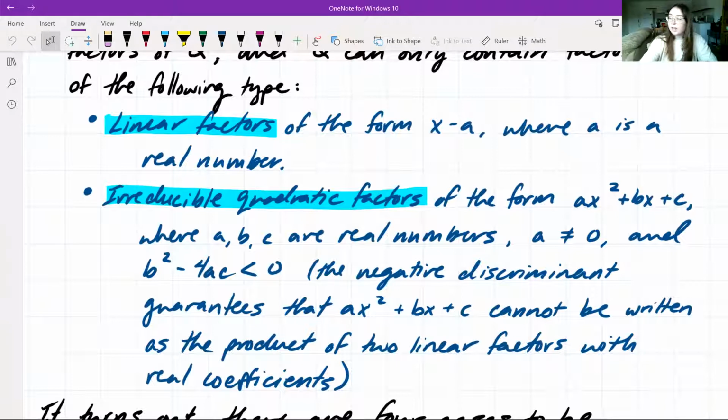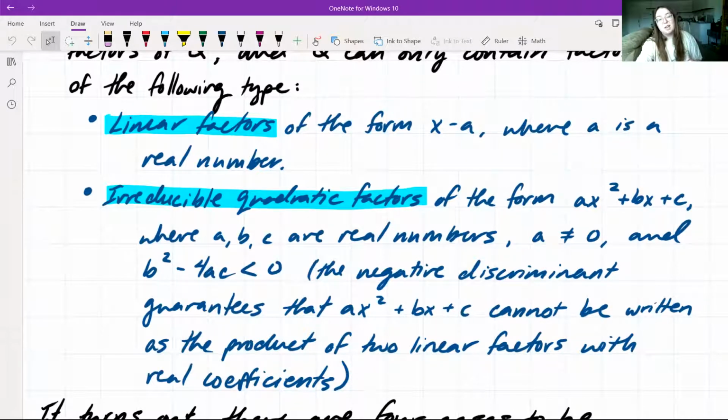When it's less than 0, this makes sure that the negative discriminant guarantees that ax squared plus bx plus c cannot be written as the product of two linear factors with real coefficients. In other words, if we were to use the quadratic formula, where we know we have negative b plus or minus the square root of b squared minus 4ac divided by 2a, then we do see that b squared minus 4ac, which is under the radical, has to be nonnegative to even be able to factor a quadratic function.